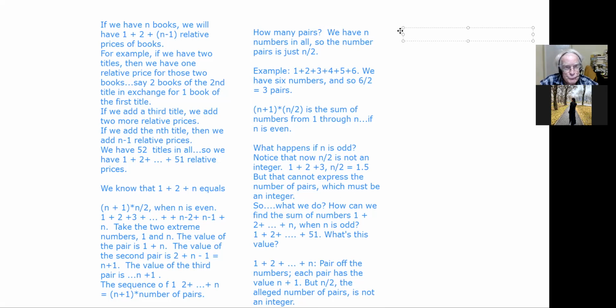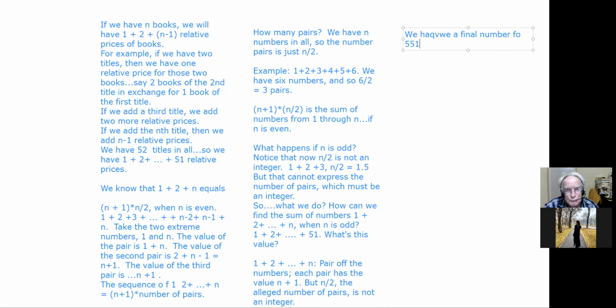Well, let's see. In this case, we have a final number of 51 in our sequence. Maybe n divided by 3? No. Well, let's see.